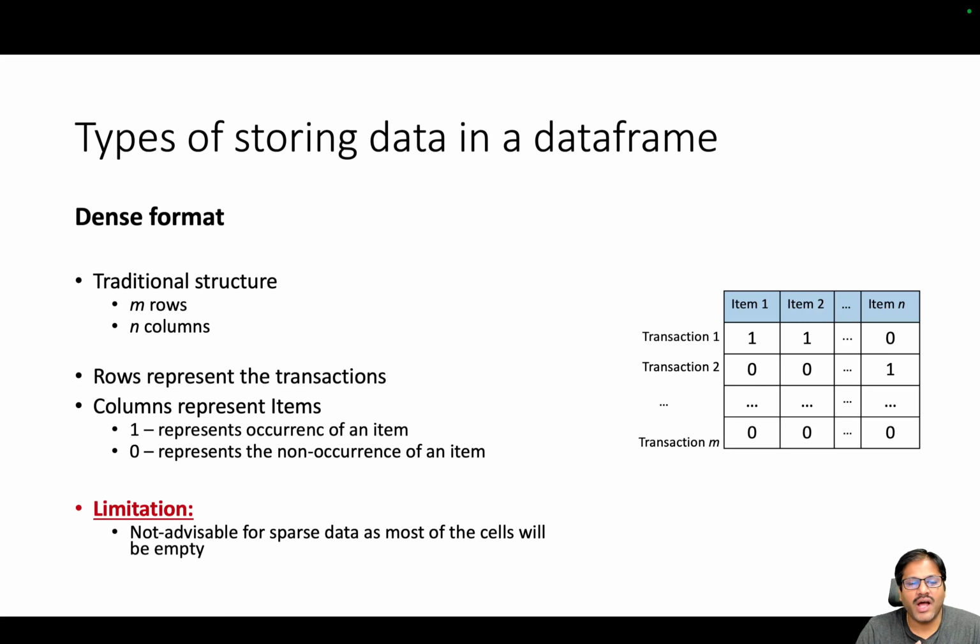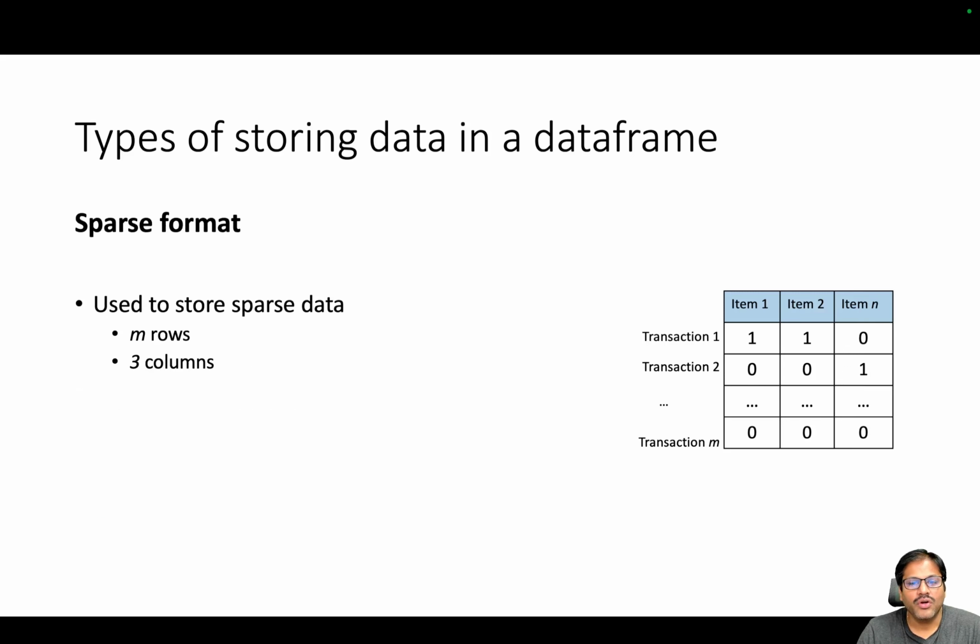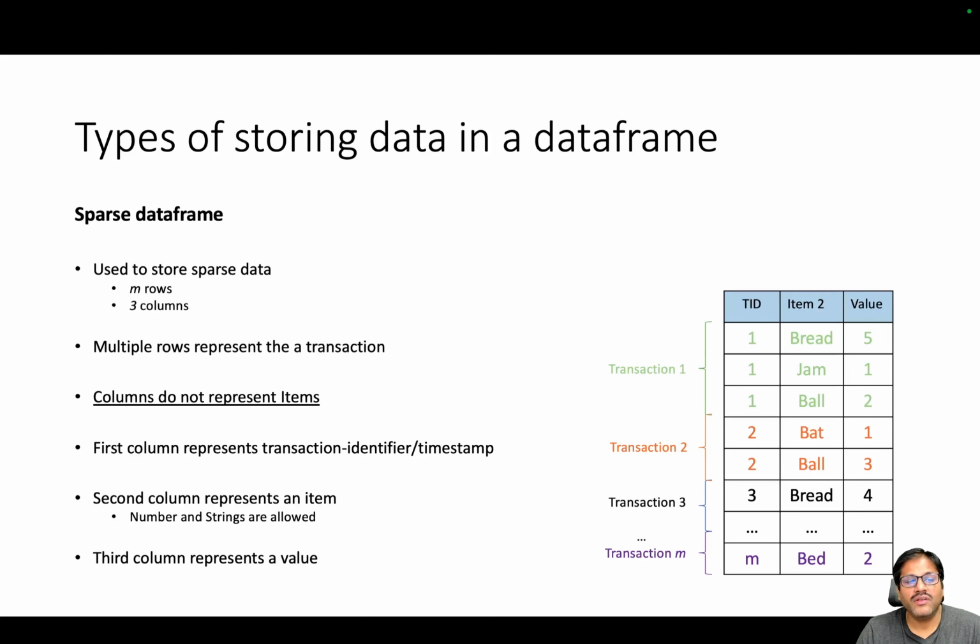So it is not advisable to store sparse data in a dense format. To store data in a sparse format, we convert the dense data frame into a sparse format containing m rows and 3 columns. So this is how the structure gets changed.